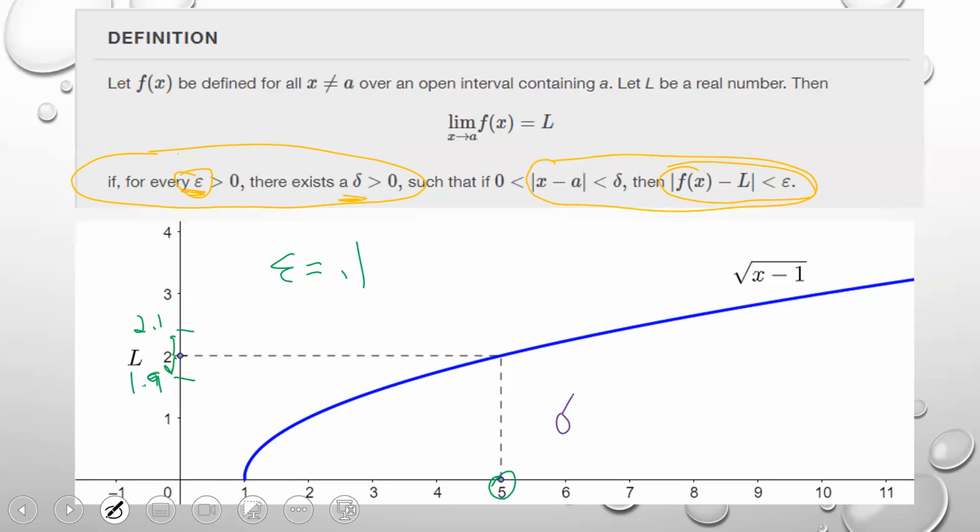Such that if a value is within delta of the x value down here, so we don't know what delta is, but basically if we go up an amount delta or down an amount delta, okay, so for this epsilon, there exists some delta that if we go in either direction, above or below the value 5, then the output values for all of the x values that fall within that particular interval, so all the output values we get up here, are going to be within epsilon, or within this interval here.